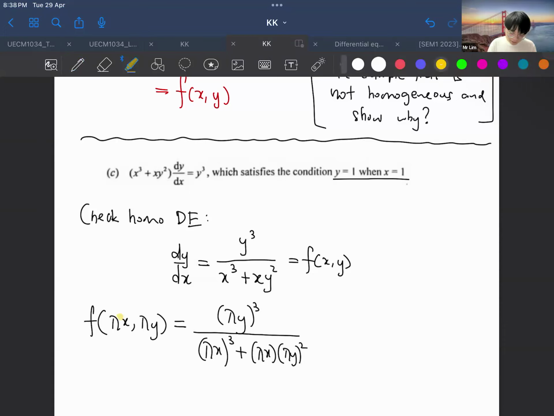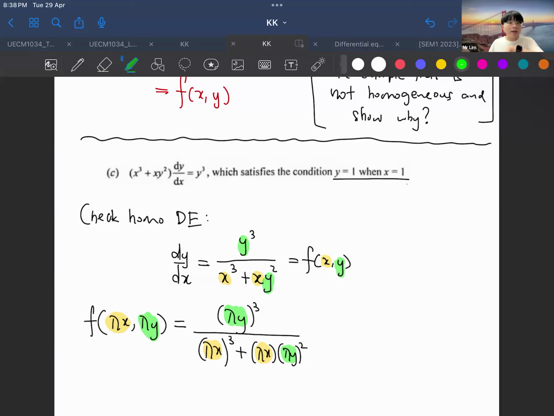For the beginner, it's better to write it this way. I replace my x, these two parts, with λx, and I replace my y, numerator and denominator, with λy.